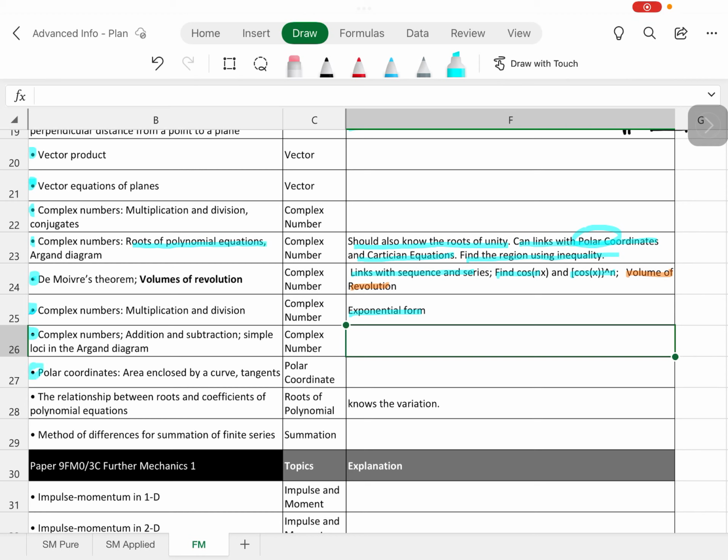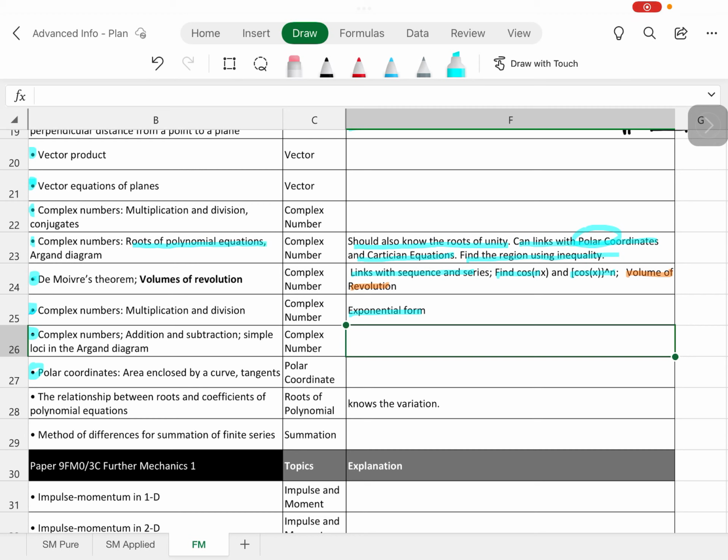Polar coordinates tend to be a difficult topic for students. Personally, I think you just need some practice knowing the tangent. Horizontal tangent, what does that represent? It means my gradient is 0, that means dy over d theta is 0.